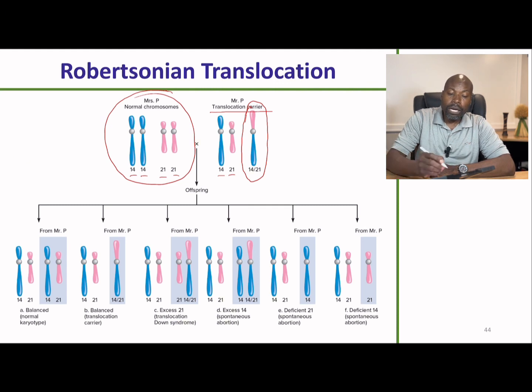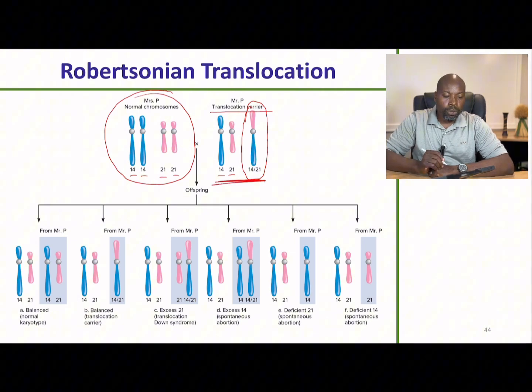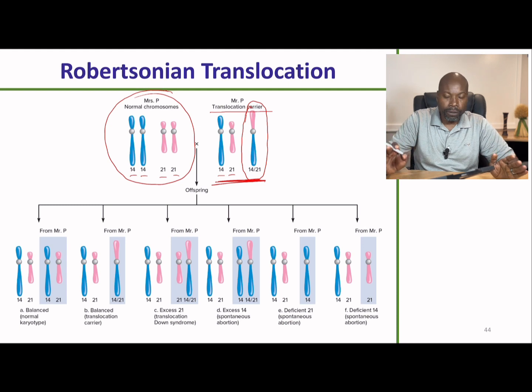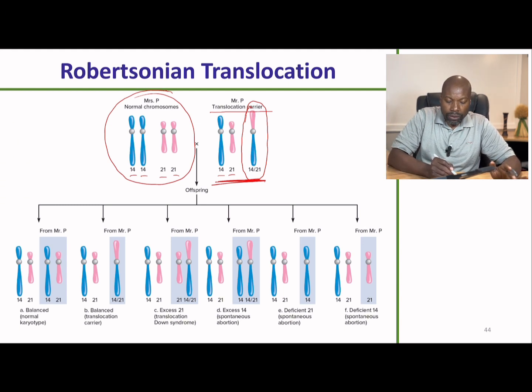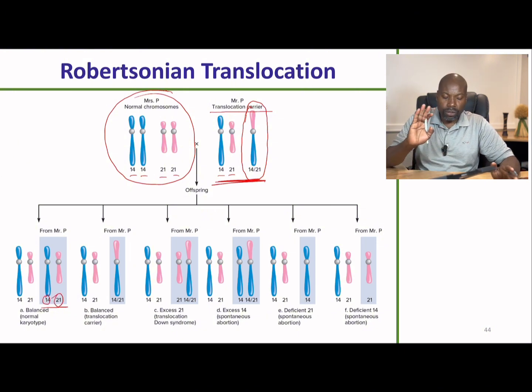Now, when we consider this individual, okay, so Mr. P can produce different types of sperms, actually 6 different types of sperms. This individual, Mr. P, can produce sperms with chromosome 14 and chromosome 21. This is normal, okay?